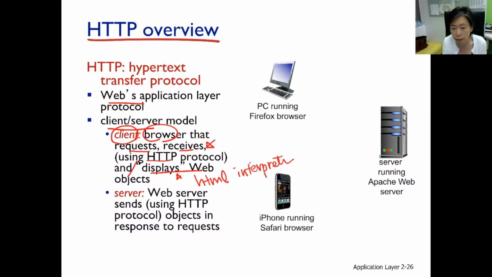So you see here, a browser, that program there, is a combination of the HTTP protocol client side and an HTML interpreter. So this interpreter is to interpret the HTML page because there are some markups around. Based on the markup, the interpreter will know how to display a web object so that it appears properly and nicely.